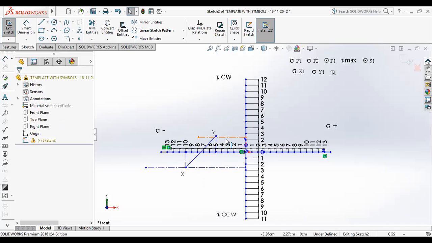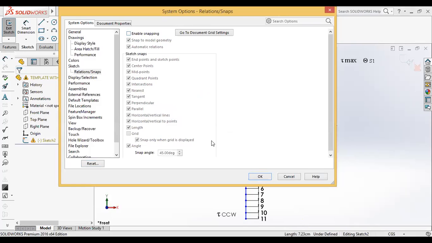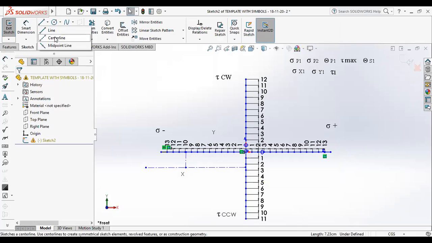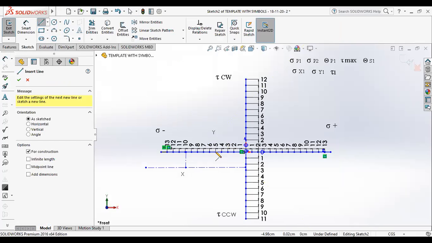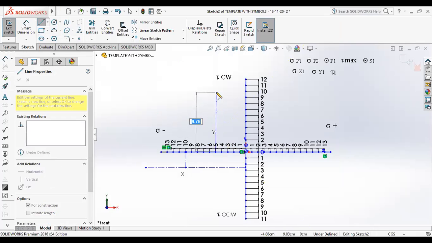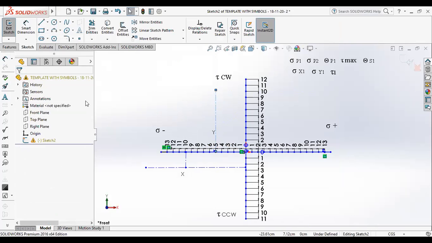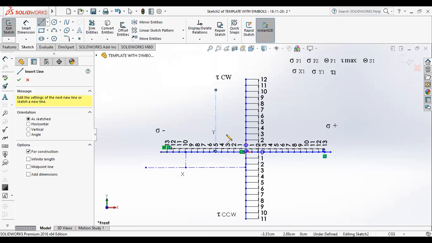Give me a moment. From minus 50, clockwise 25 and compression 50, I will draw a vertical line, and then from here minus 25.